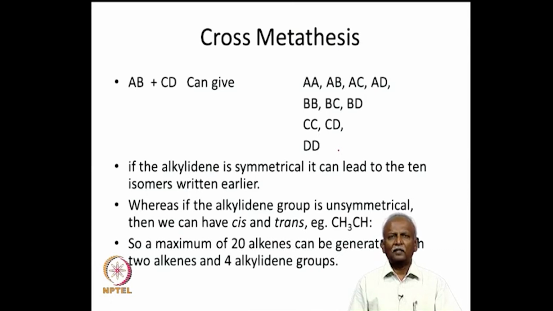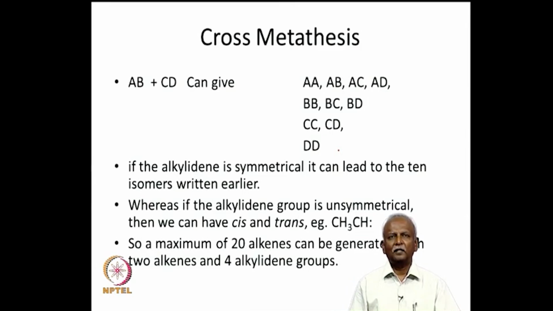Now, let us imagine the extreme scenario where you have 4 different alkylidene groups attached to the olefin. So, in other words, 2 olefins are undergoing metathesis and there are 4 different alkylidene groups. I have labeled them as A, B, C, D, which means A is one alkylidene group, B is a different alkylidene group.